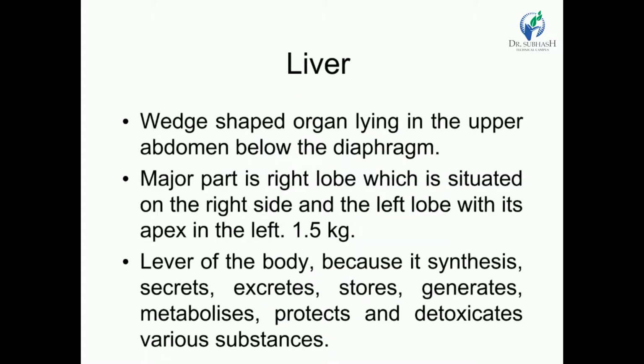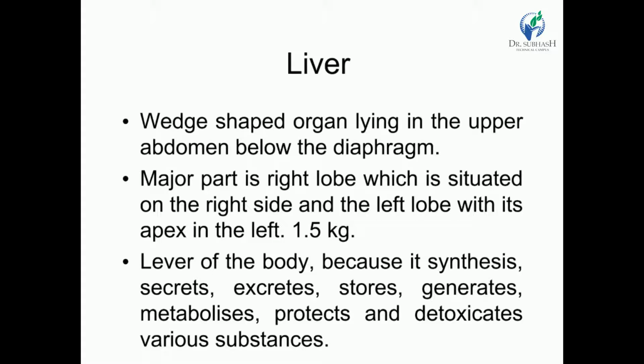Next, the third and major supporting organ, which helps in the digestion and absorption of food material, is the liver. Here, the liver is a wedge-shaped organ lying in the upper abdomen below the diaphragm. And what is the diaphragm?